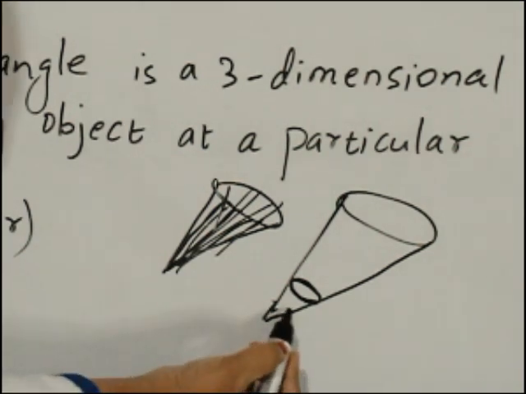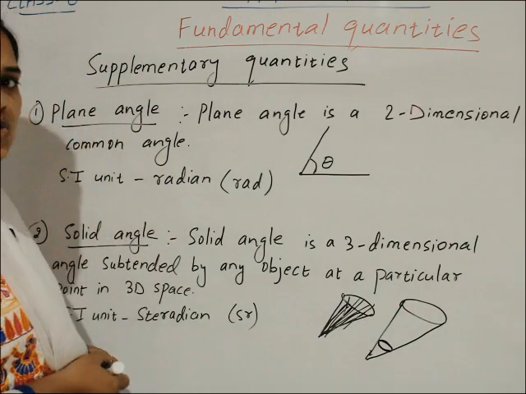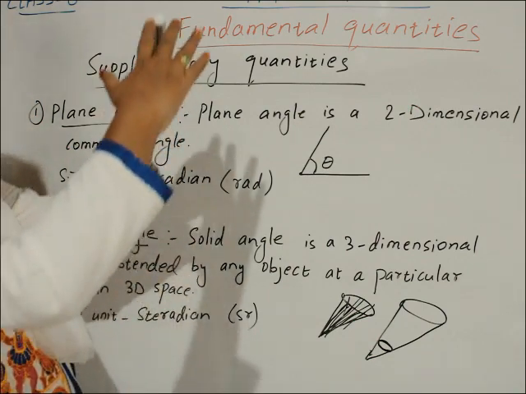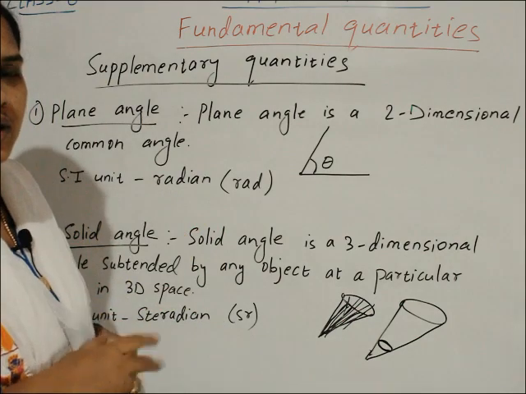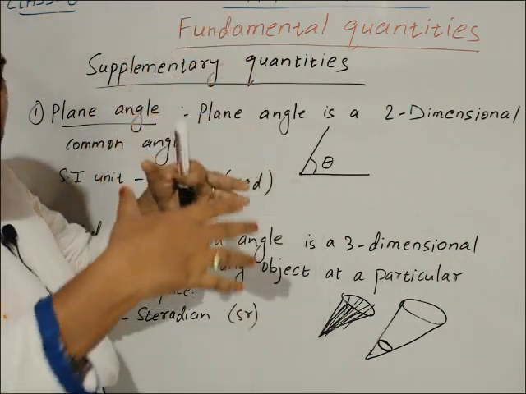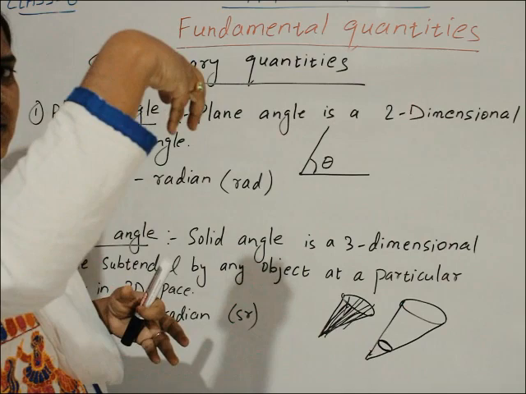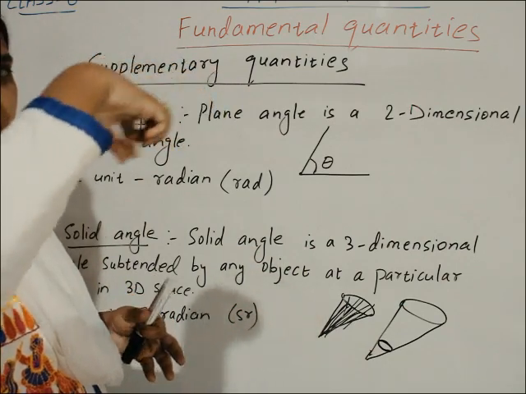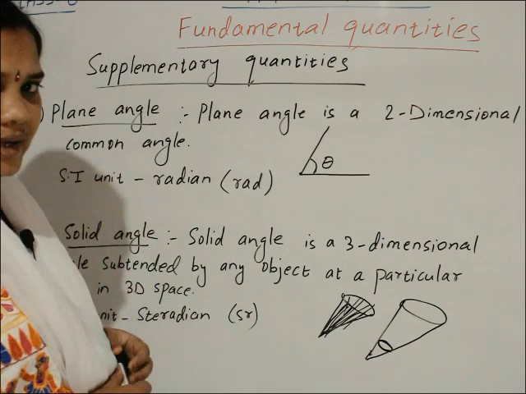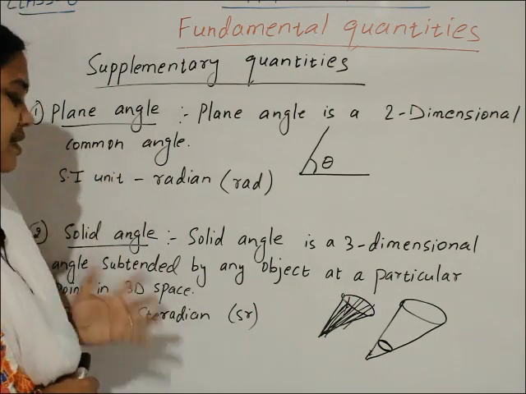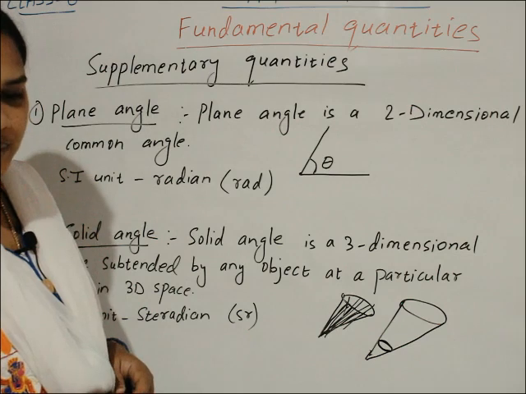This is called a 3D angle, that is the solid angle. Imagine a cone or a birthday cap. The angle forming at the center is the solid angle. Its SI unit is steradian or sr.